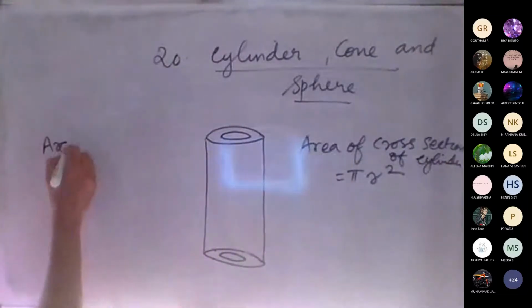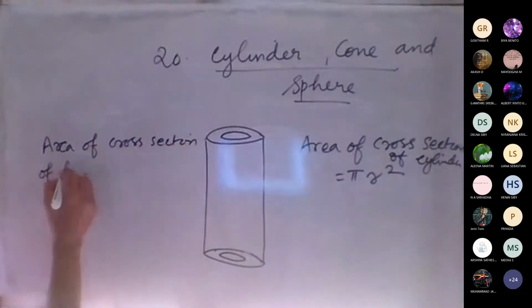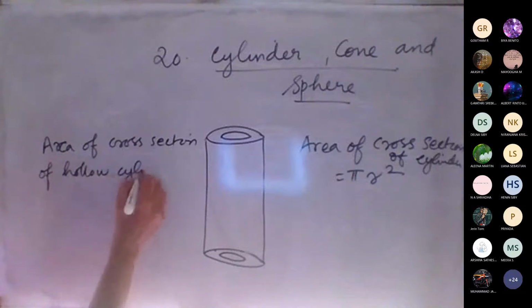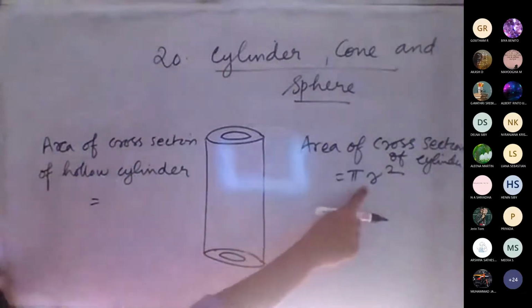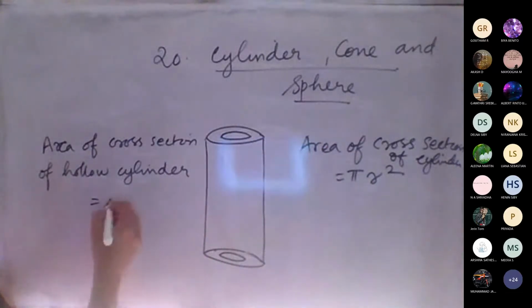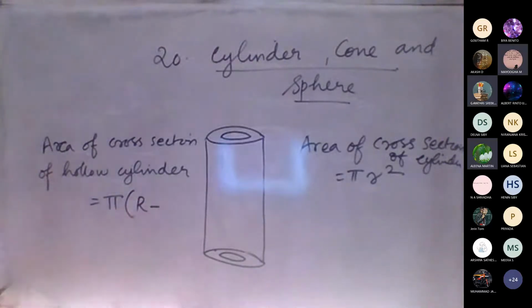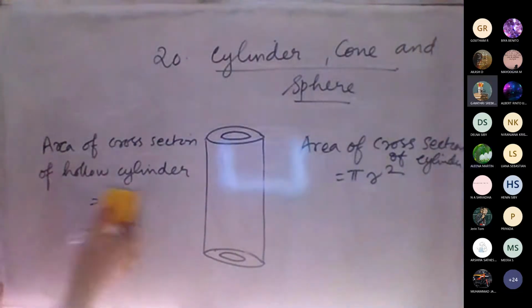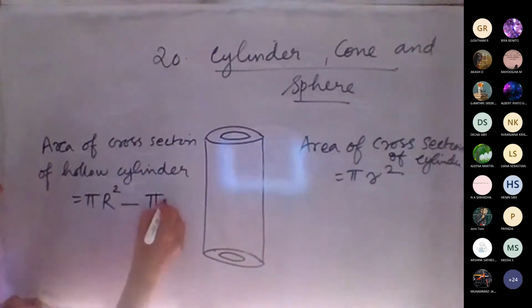So what will be the area of cross section of a hollow cylinder? We know the formula is pi r square. Instead of one r, we have two r's, so it is pi capital R square minus pi small r square.